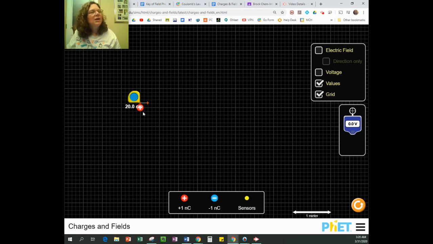So we're at 20 centimeters. All right, so we're going to put the sensor. The sensor is going to tell us what the force is, and we are going to move these sensors so that this 20 centimeters is kind of at the heart of the sensor.